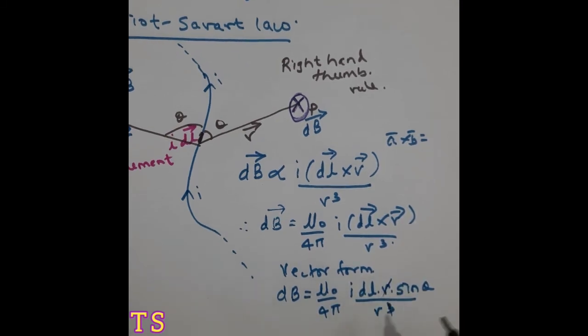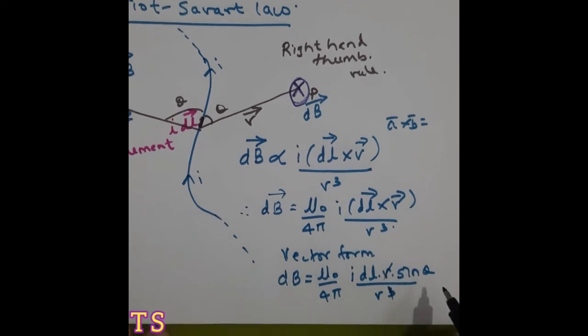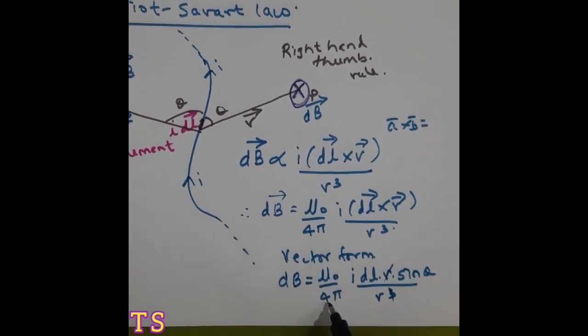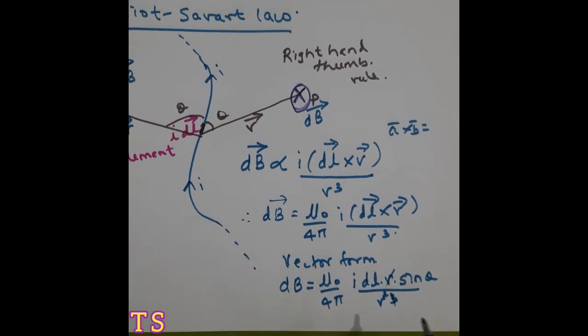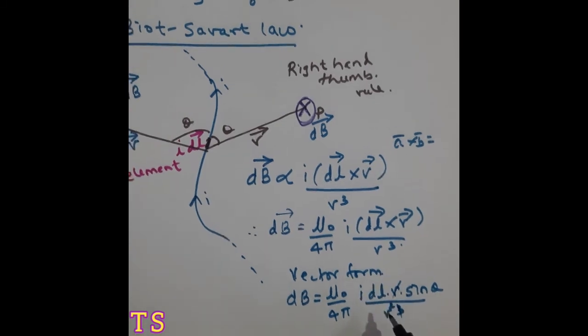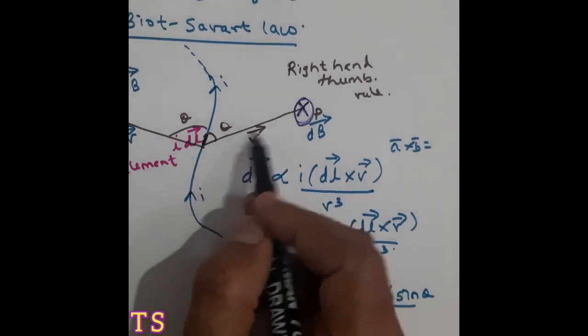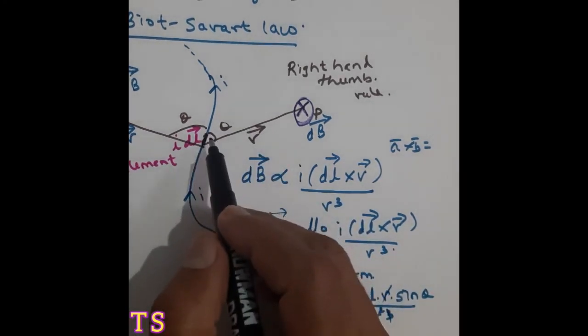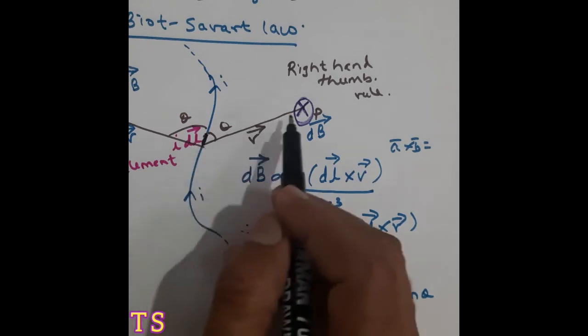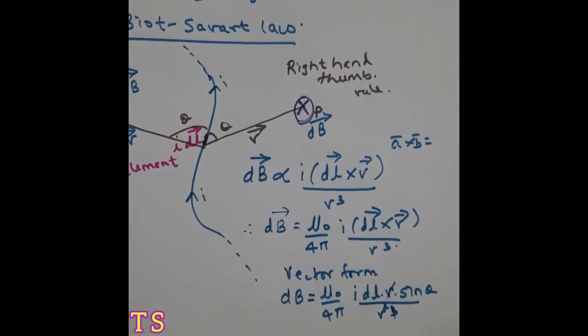One r from here and here gets cancelled, so my final answer will be mu naught by 4 pi, I dl sine theta by r square. Here theta is the angle between the current element, that is I dl, and the position vector r bar.